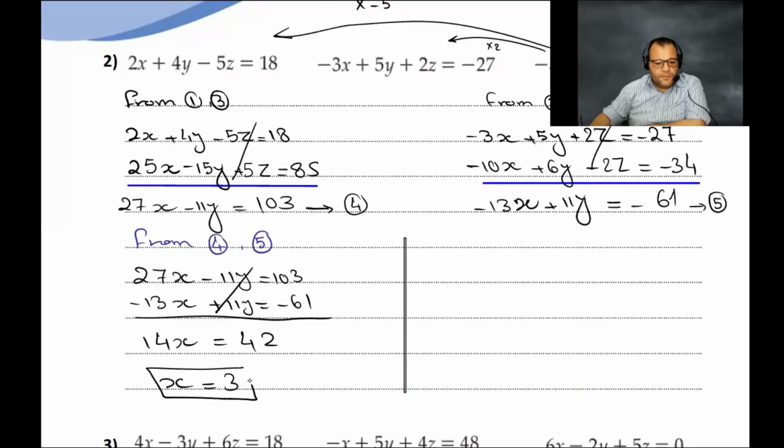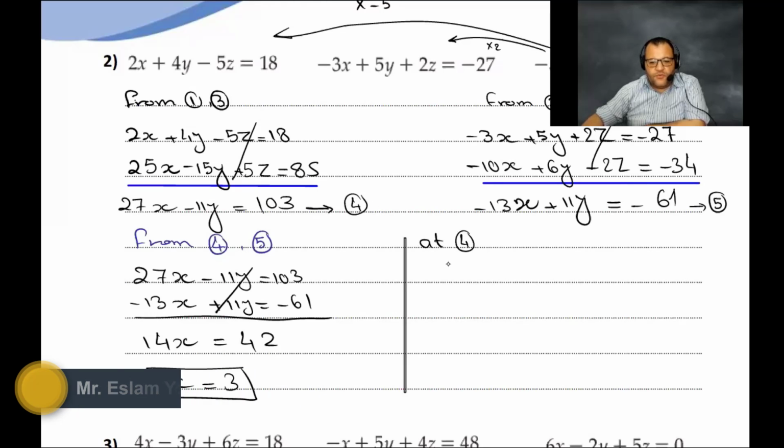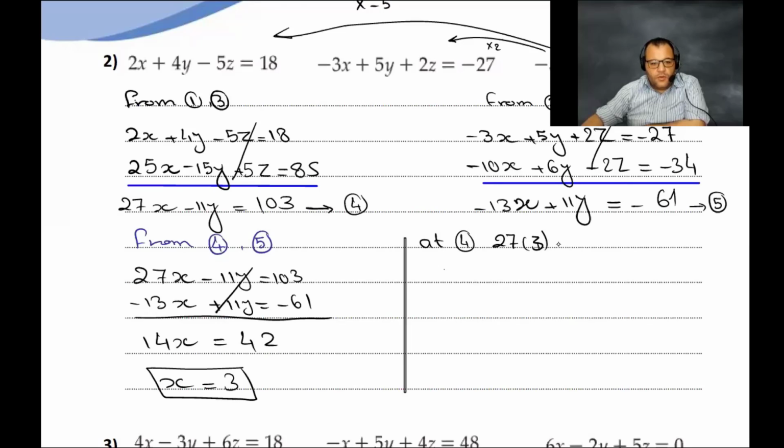By using equation number 4 or number 5, we can choose equation number 4. It means 27 times 3 minus 11y equals 103. So 81 minus 11y equals 103, by subtracting 81, negative 11y equals 22.